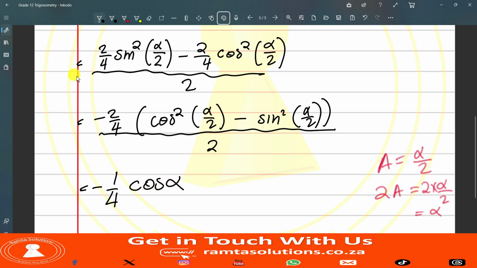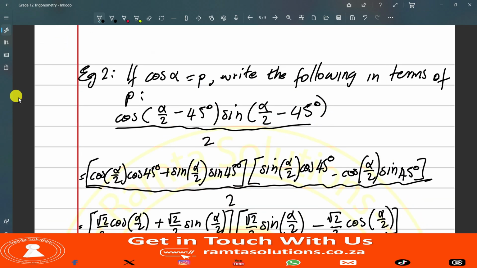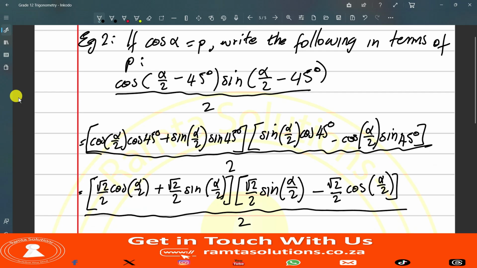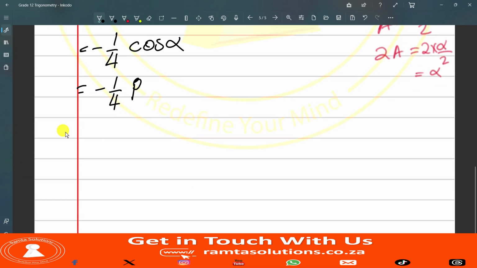Now the question said, if cos alpha equals p, write the following in terms of p. Now we have cos alpha, so our answer will therefore be negative 1 over 4 times p. We are done. Happy? Perfect.